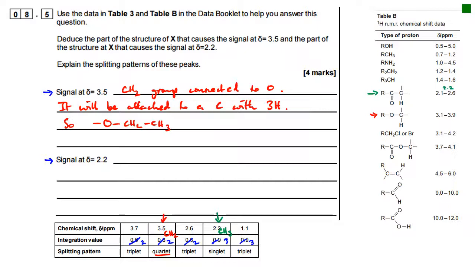So we've got a CH3 group attached to a carbon with no hydrogens attached to it.